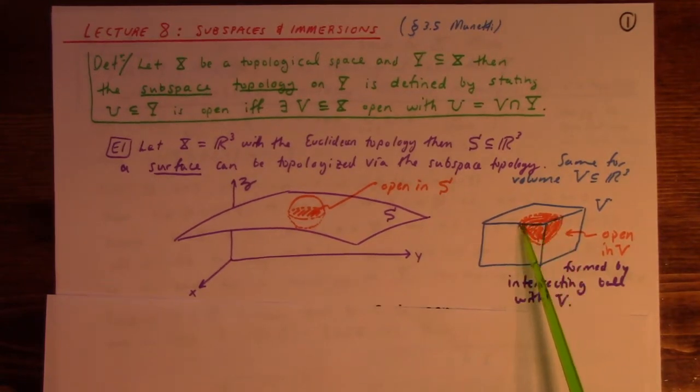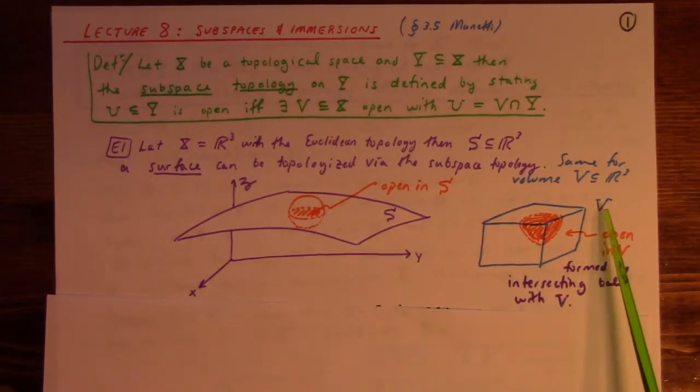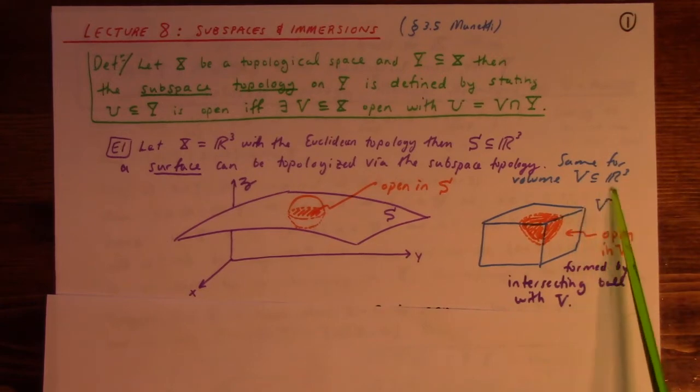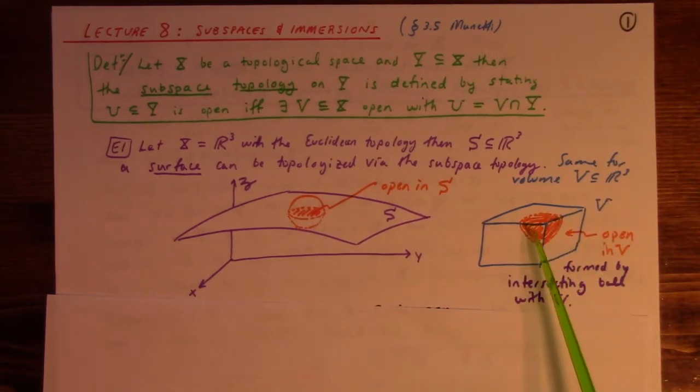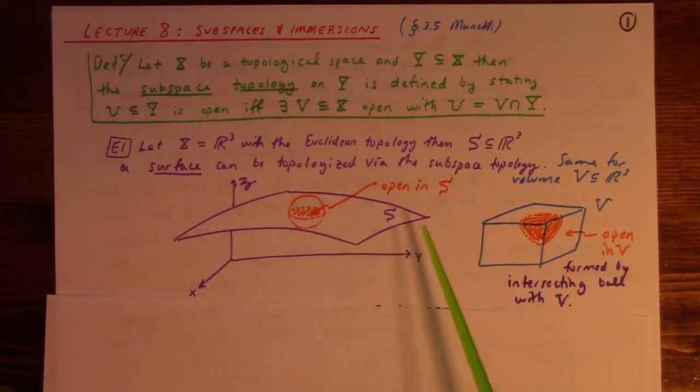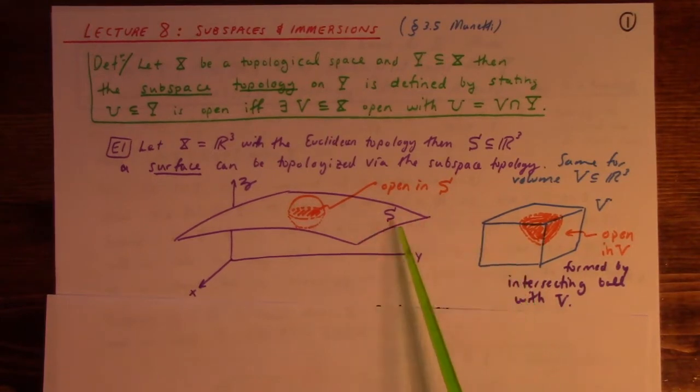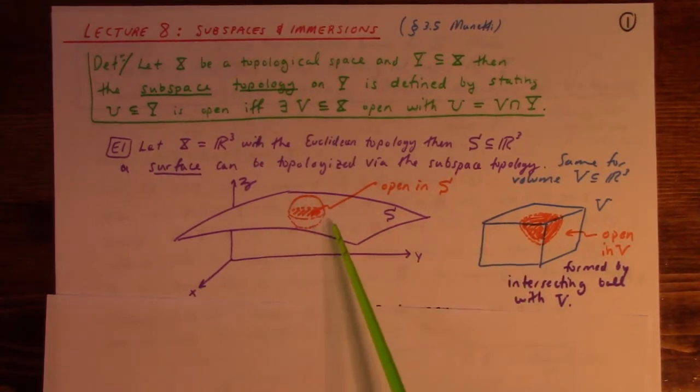I think I'm hungry. But you can also induce topologies on volumes as a subset of R3, and the open sets would look rather different. In both cases, the open sets are defined by intersections of the open balls in R3 with the subset.